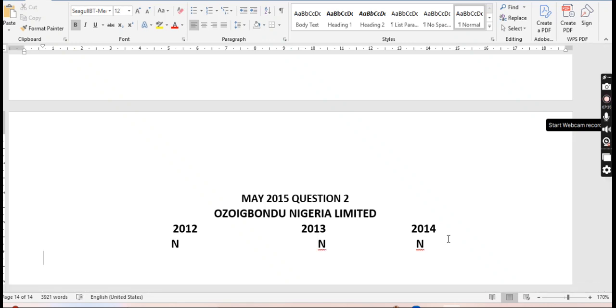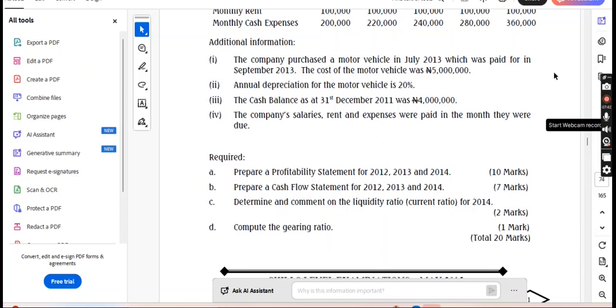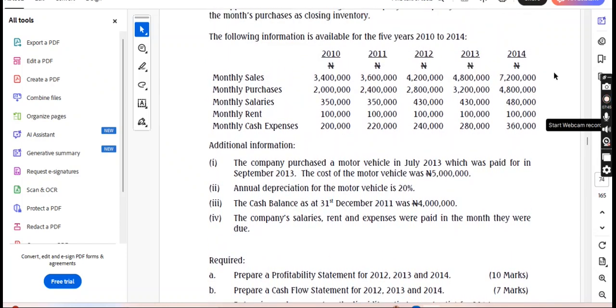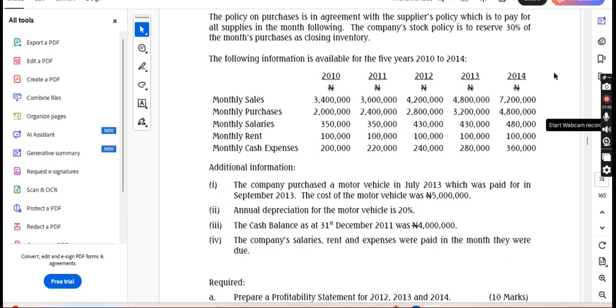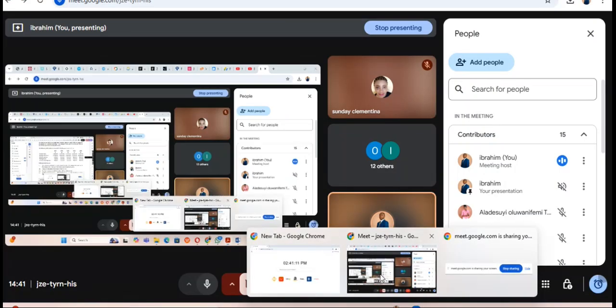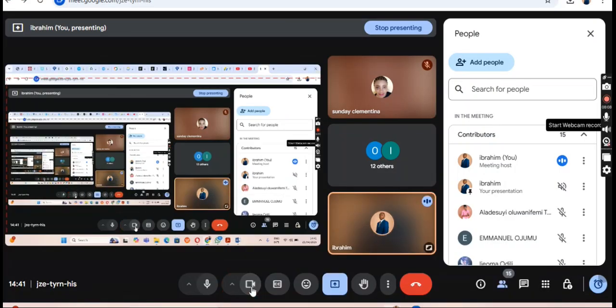Now, we move to the question. We start with sales. Don't forget that we're told that we should prepare a profit statement for 2012, 2013, and 2014, 10 marks. This is for monthly sales. When you prepare your profitability statement, it does not include 30% will be paid in this, 60% will be paid in this.